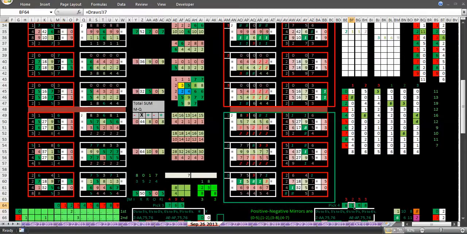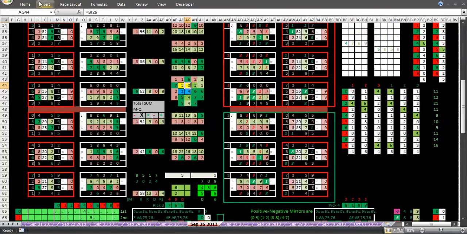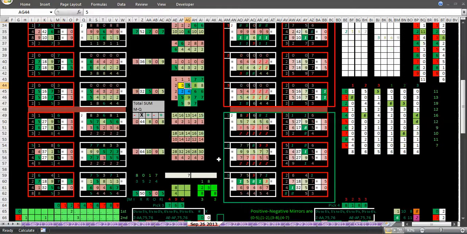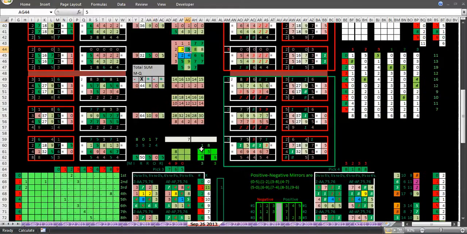I could switch it right back. Go straight up here to the return button, back to 0, and you can see them change. Right back. Okay, now let's switch back to the 5, and now the numbers that this is picking out: your 8, your mirror, 8, 1, 8, 1, 8, 8.